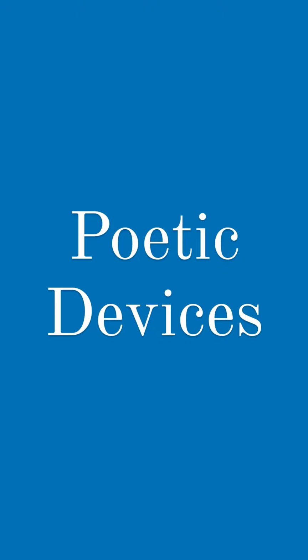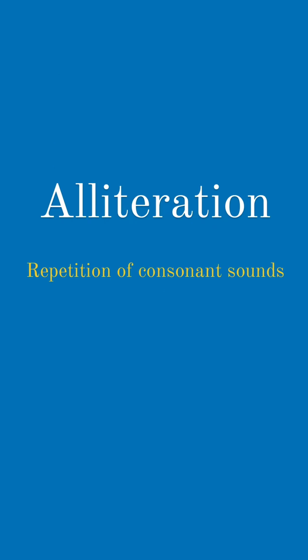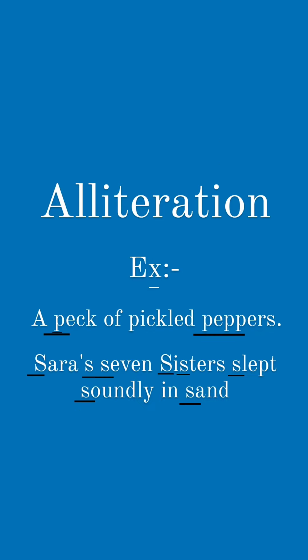So let's begin. At first we have alliteration. It refers to the repetition of an initial consonant sound at least 3 times in a sentence. I repeat, what is alliteration? When we repeat any consonant sound in any line more than 2-3 times, then there is alliteration. For example, a pack of pickled peppers.